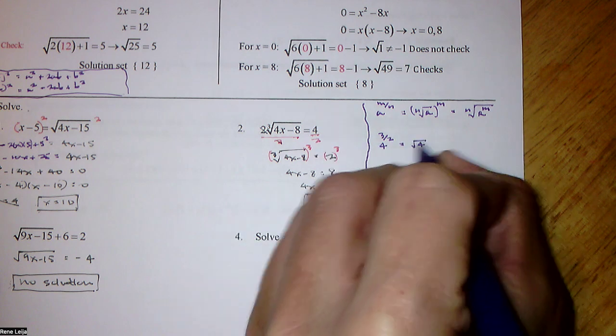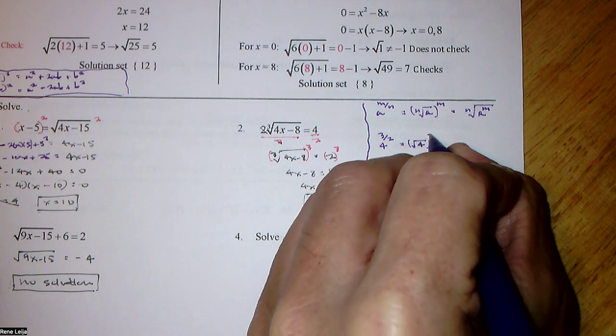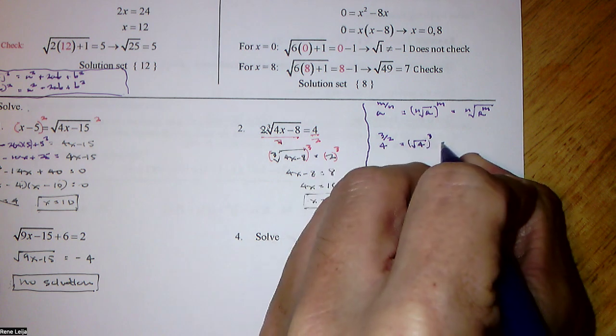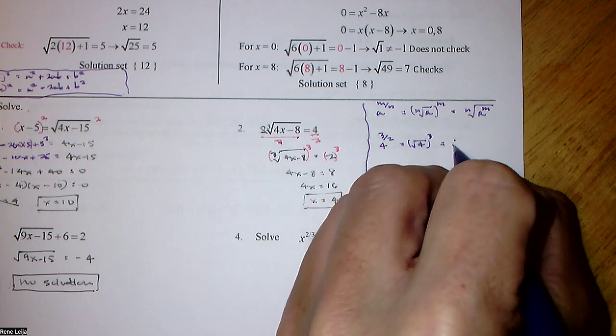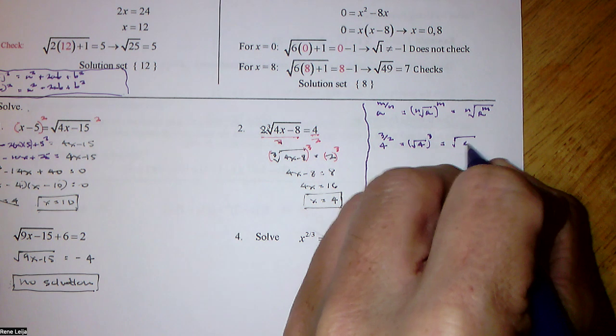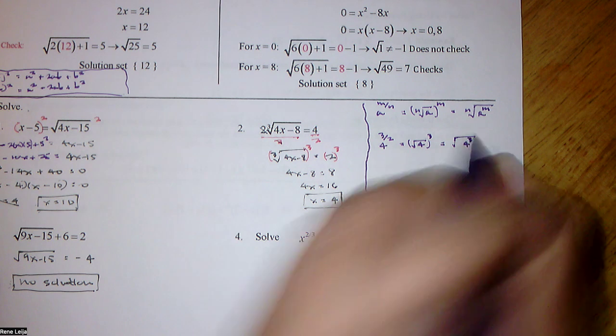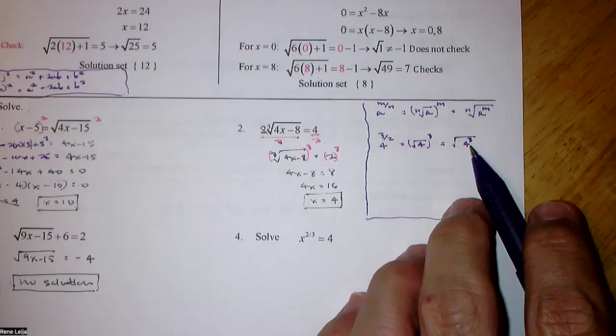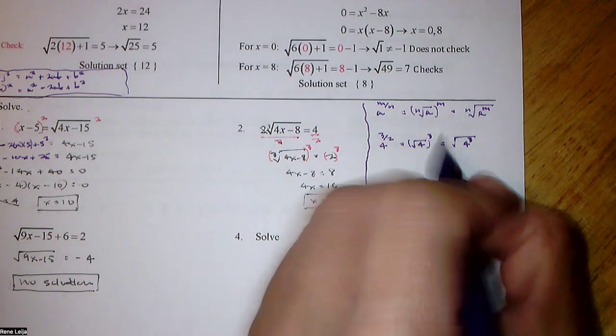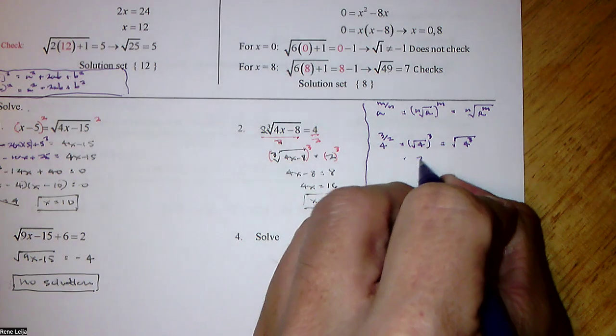So that would be the square root of 4, and then I cube it, or it would be the square root of 4 to the 3rd. Now, which one of these is going to be a little bit more involved to deal with? And it's going to be this one, right? Because here, well, the square root of 4 is just 2.